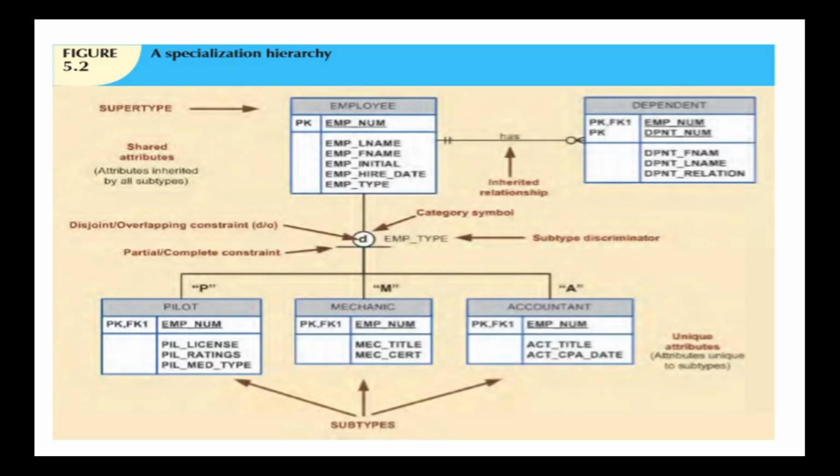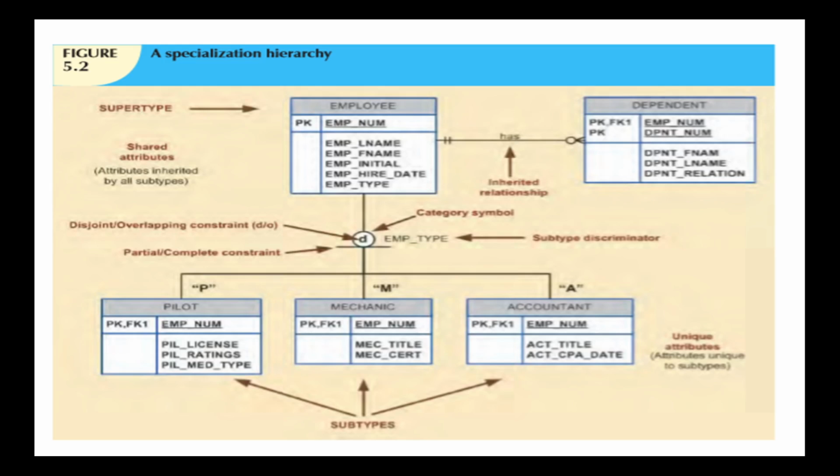Just see this specialization hierarchy example. It's an aviation business school example. In this aviation business school, there are many types of employees, like pilots, mechanics, accountants.